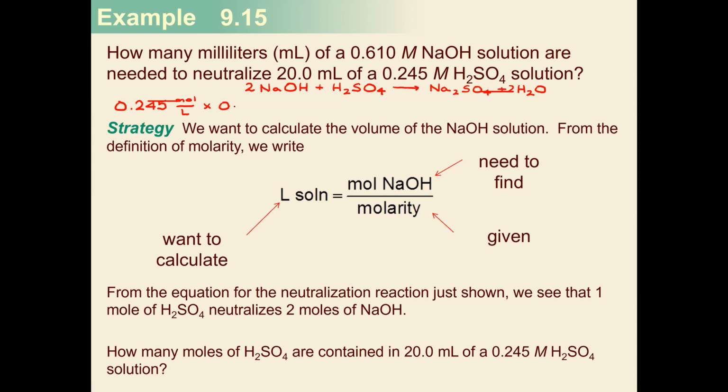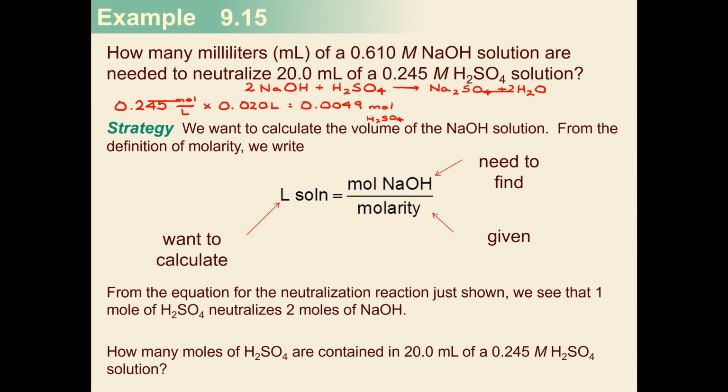So that is going to be 0.020 liters. And this will now give me the moles of my acid that are present. So that is going to be 0.0049 moles of my H2SO4.